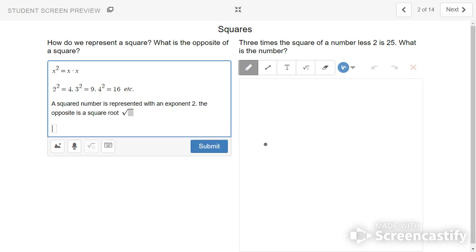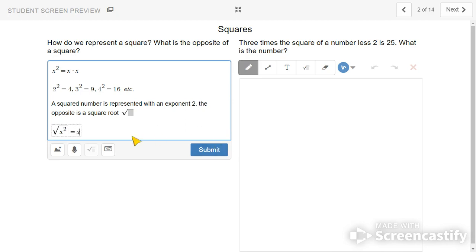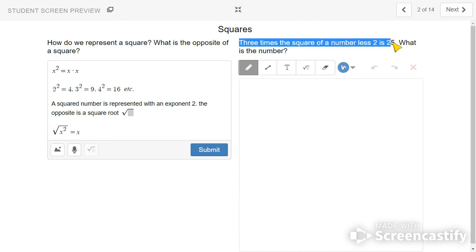So for example, if I have the square root of x squared, this simplifies into an x, because the square root symbol and the exponent 2 kind of cancel each other out, and we just have an x.